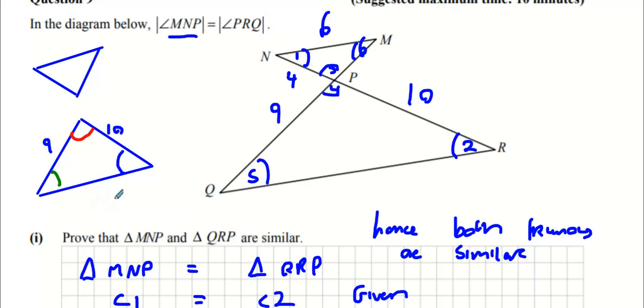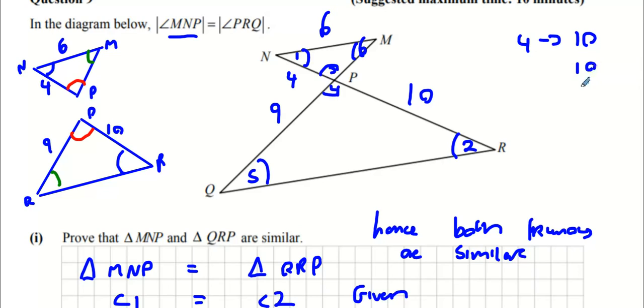We don't know Q to R. So that's P, Q, R. And this is P, and this is N, M. Now, which ones are corresponding sides? This one's the green one because it's alternate, and this is the blue one. So the 4 is in between blue and red, so the 4 corresponds to the 10.